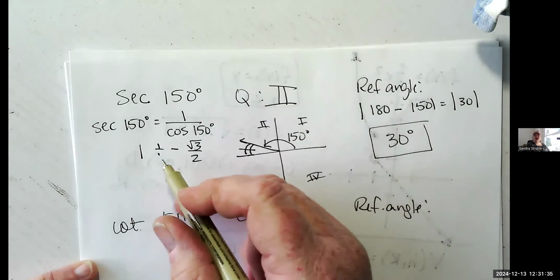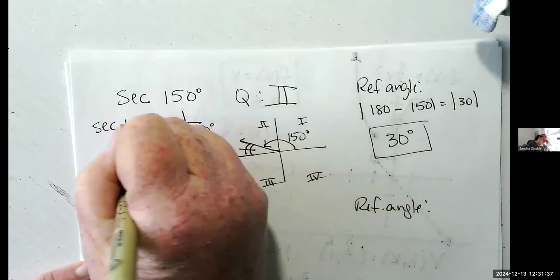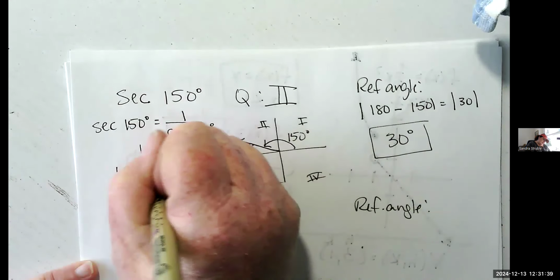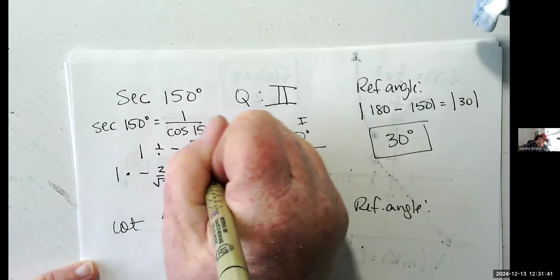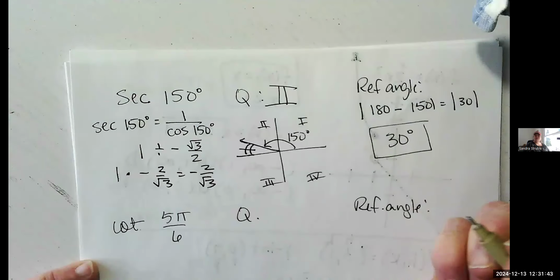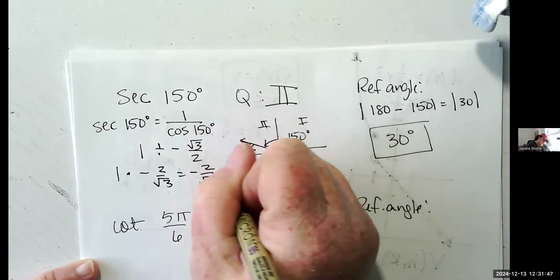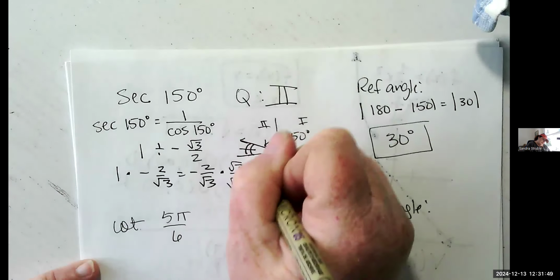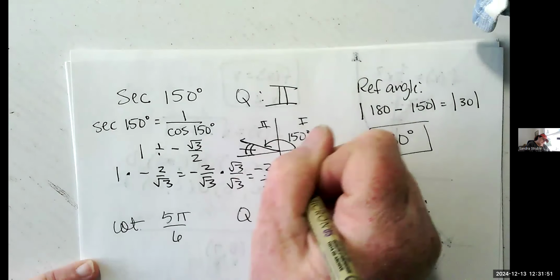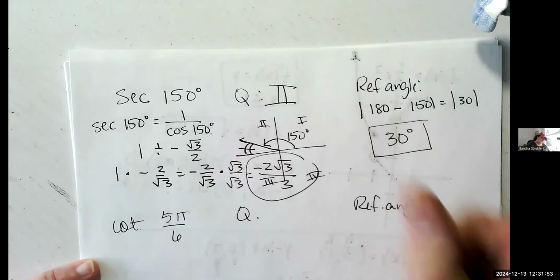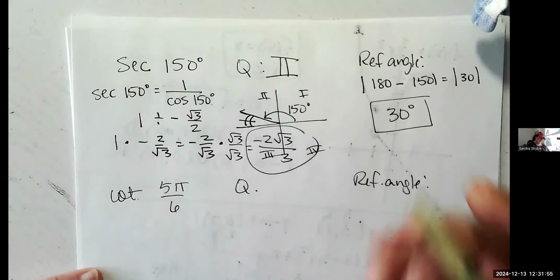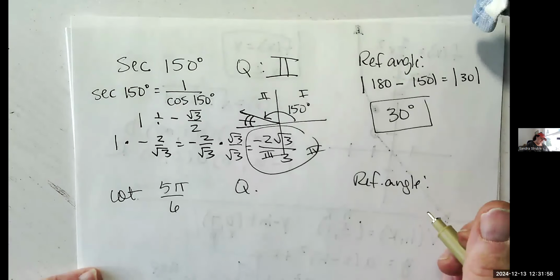So this is 1 times negative 2 over the square root of 3, which is negative 2 over the square root of 3. But you're going to need to rationalize your denominator. So multiply by the square root of 3 over the square root of 3, which is equal to negative 2 square root of 3 over 3. That's the secant.